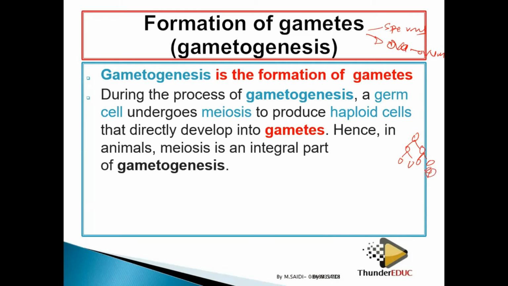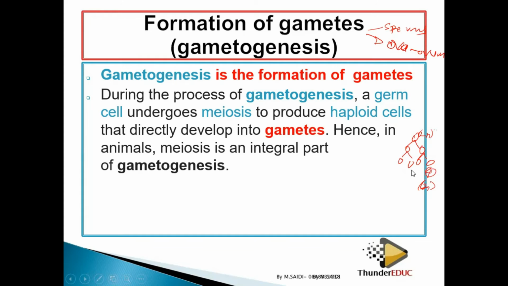It means that I have 4 cells, but all these 4 cells are haploid. And the original one is diploid. That's the meaning. So if you have meiosis, you form 4 haploid cells.